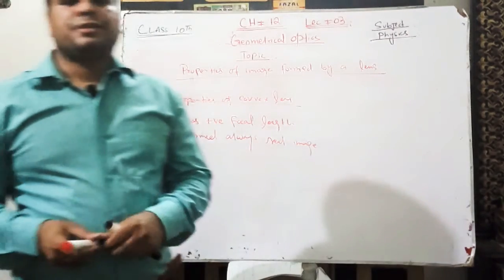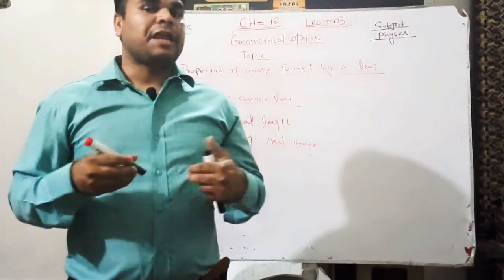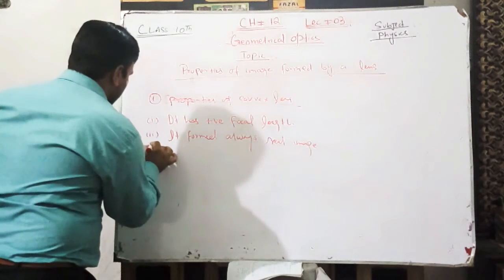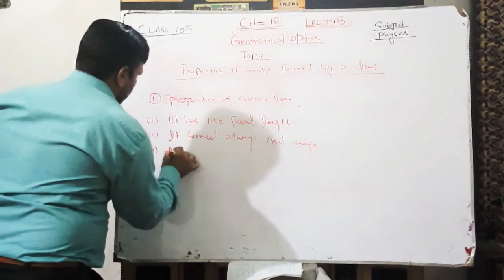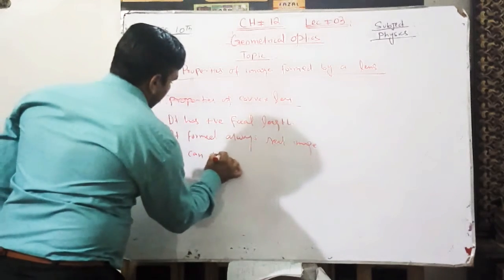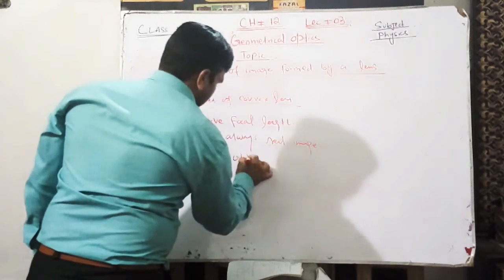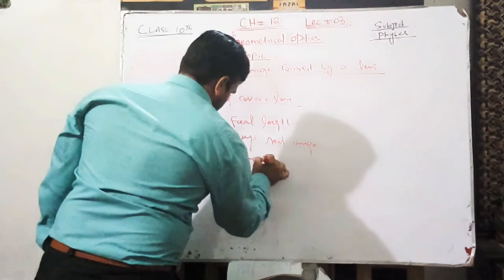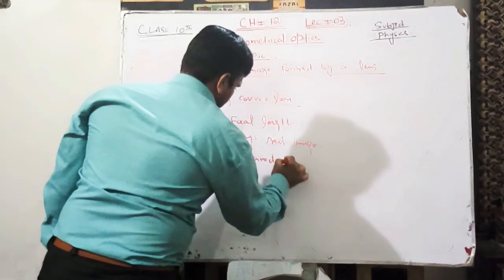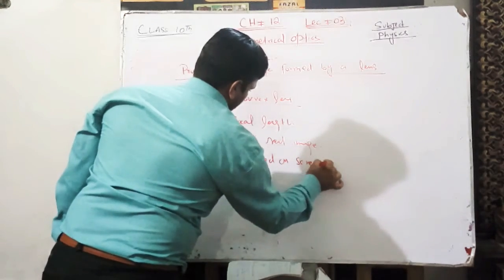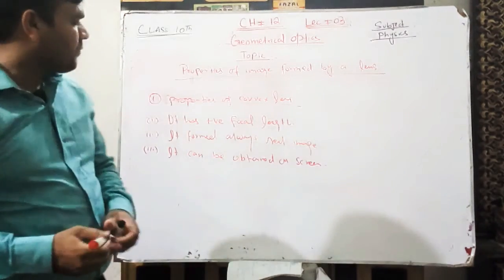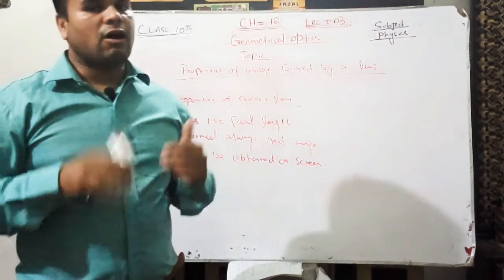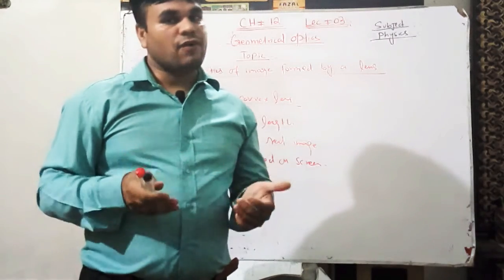The real image is that image which can be obtained on the screen. The image formed by a convex lens is always larger than the size of the object.